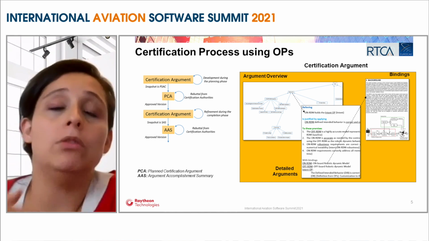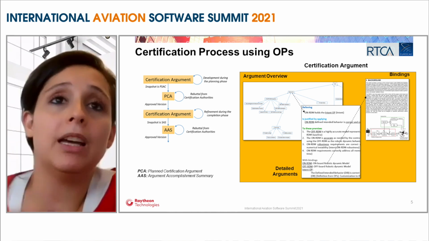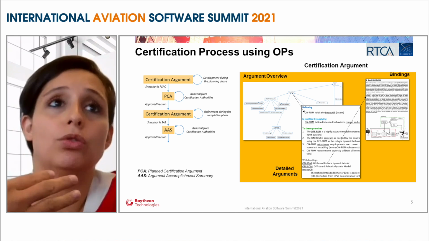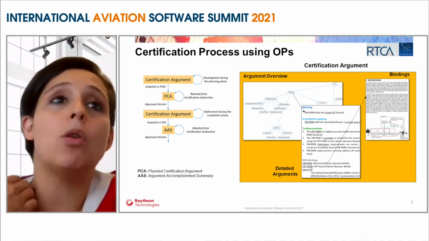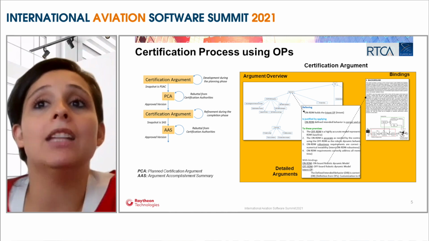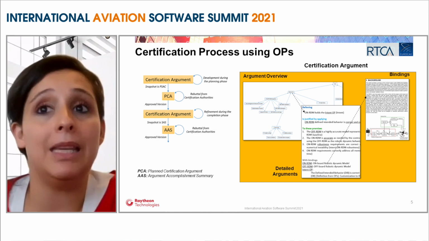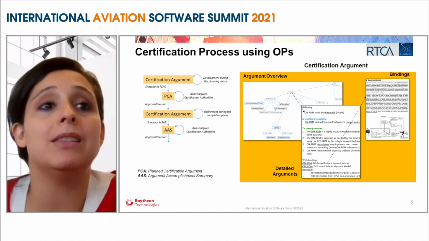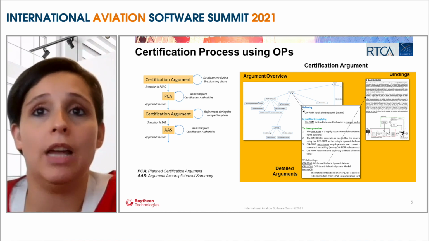Now, while you are doing that as an applicant in the planning phase, there will be a moment when you are done and you want to go to the certification authorities. At that moment, you will take a snapshot and tie it to the PSAC. We call it then the PCA, the Plan Certification Argument.